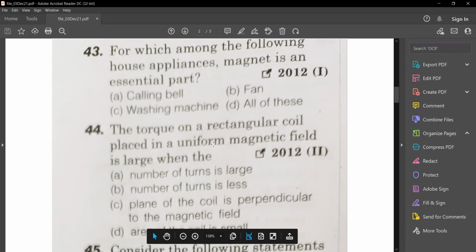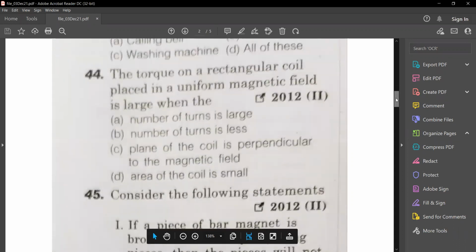So option C, the plane of the coil is perpendicular to the magnetic field. And option D, area of the coil is small.